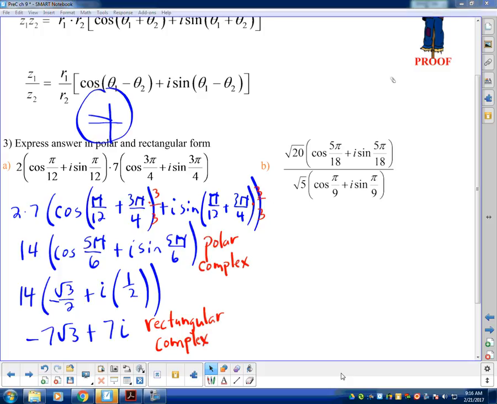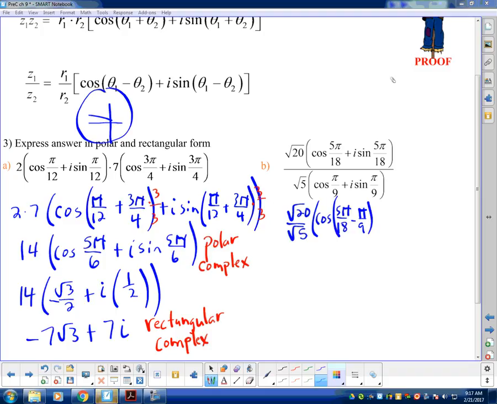All right, what about division? Using our division formula here, root 20 over root 5, we just divide them. And then we have cosine of 5 pi over 18 minus pi over 9. This time I'm subtracting the angles.